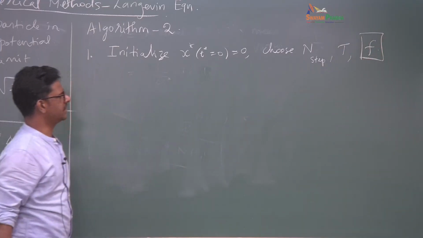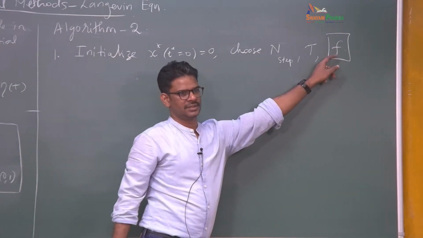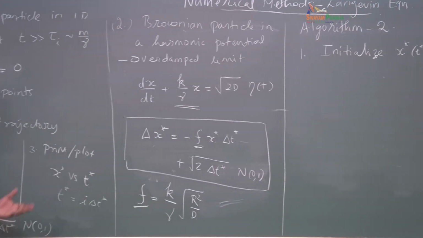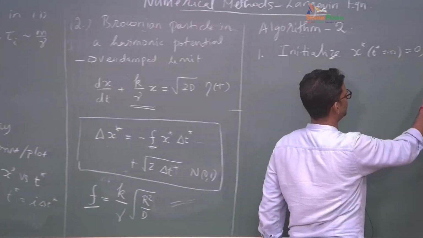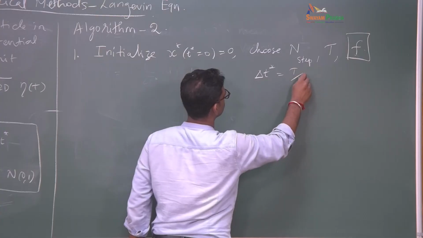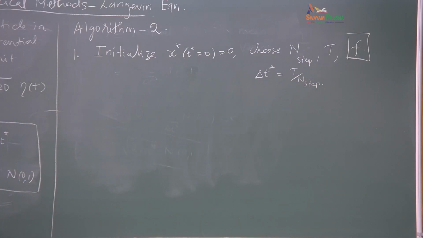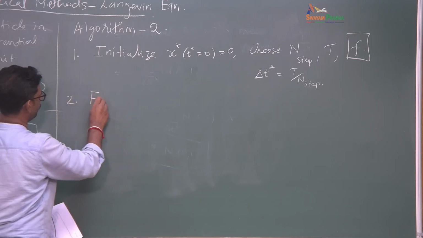So compared to the previous case, when you initialize here, you also have to choose this parameter f that tells you about the strength of the potential confining the particle. With this you would calculate what this delta t star is. This is step 1. Then you run a for loop.